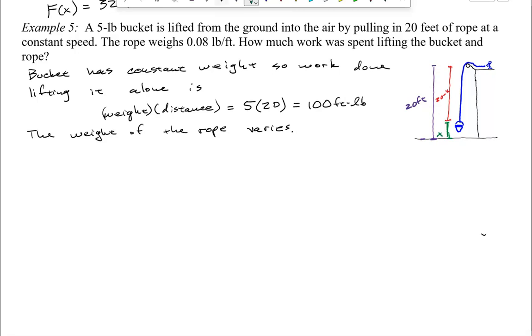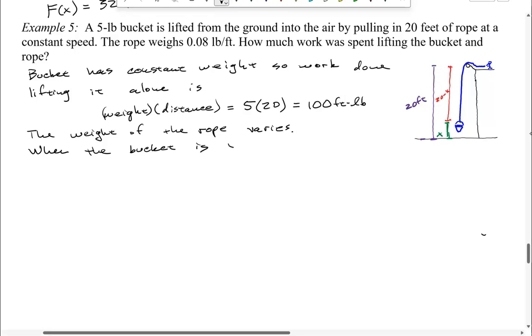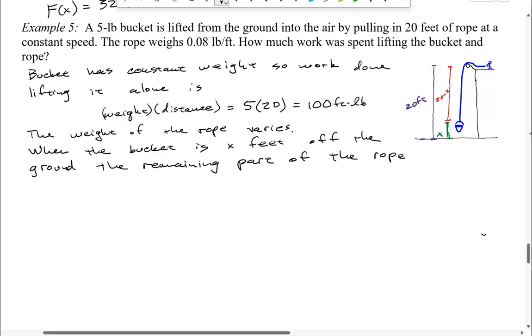When the bucket is x feet off the ground, the remaining part of the rope still being lifted has a weight of, well, we know that the amount that still needs to be lifted is 20 minus x, right?